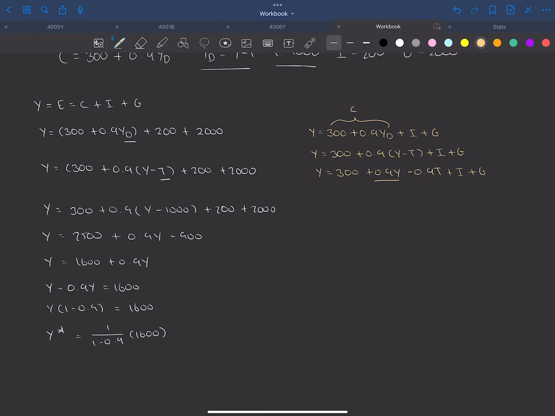So obviously we bring this to the other side to get y minus 0.9y equals 300 minus 0.9t plus I plus g. Okay, and then you get y(1 minus 0.9), which equals 300 minus 0.9t plus I plus g.